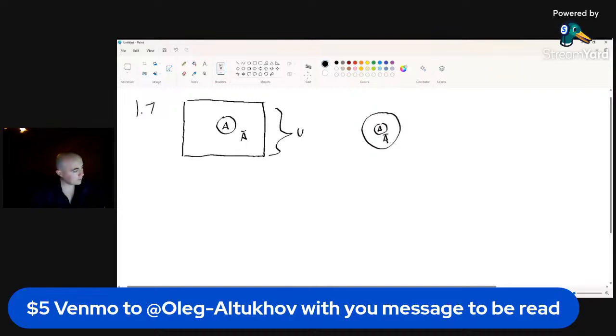A hat, and we're just going to say this whole area is U. In this case, they're exclusive, so what goes on in one is not affected by the other. There is no overlap. The complement A has no A whatsoever. A and A hat together combined create U, the universe.